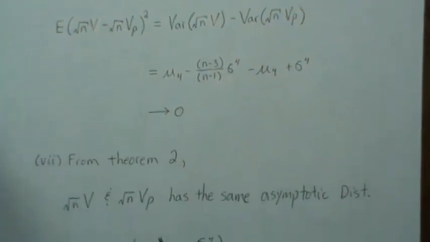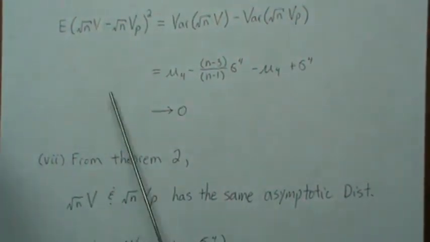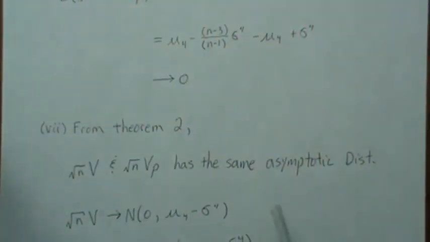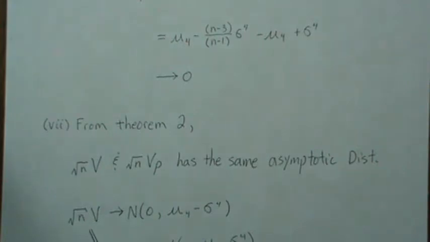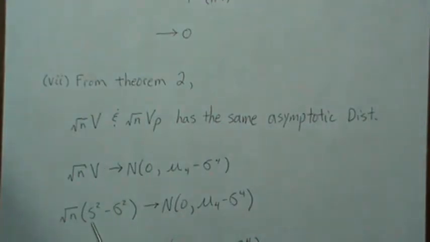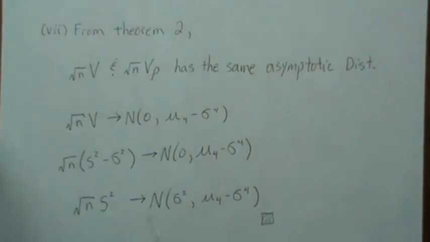And now from theorem 2, we know that these two quantities have the same asymptotic distribution, and that is that square root of n V is asymptotically normal 0, with a variance of mu 4 minus sigma the fourth. And then we can plug in what we know for V, that's our original, and then we can take that constant to the other side. And so here's the distribution of the sample variance, and it's asymptotically normal with a mean of sigma squared and a variance of mu the fourth minus sigma the fourth.